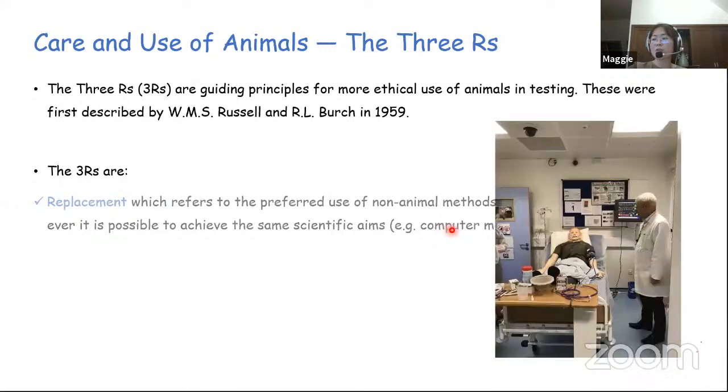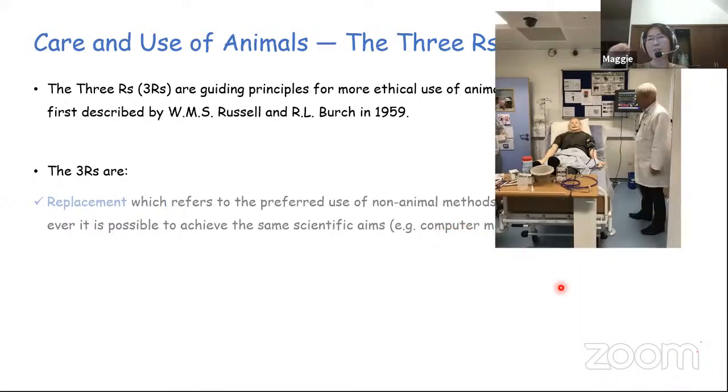Here is an example. This photo I took in the UK about 2 years ago, at Brighton University. This is a robot for the lab class for students majoring in pharmacy. This robot can respond to different kinds of medicine.